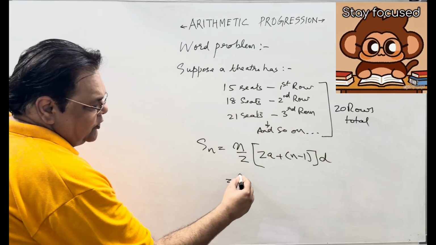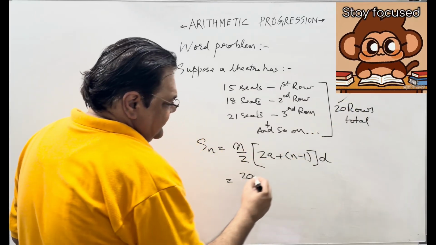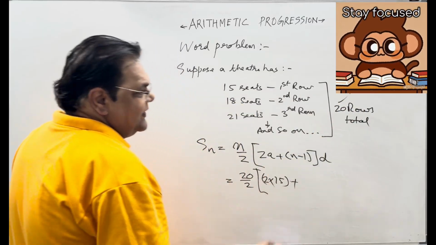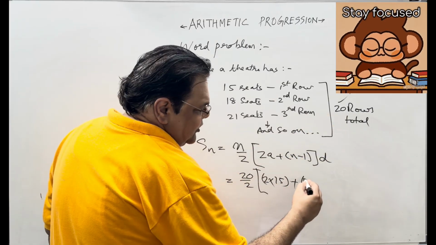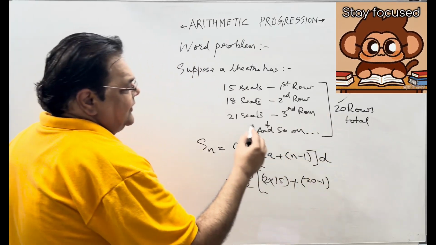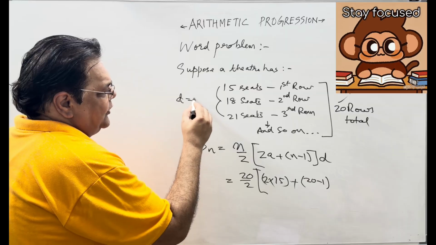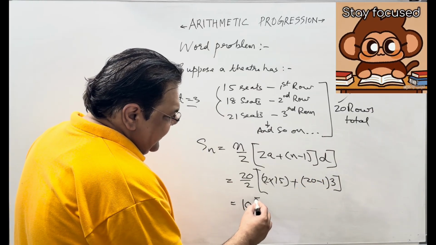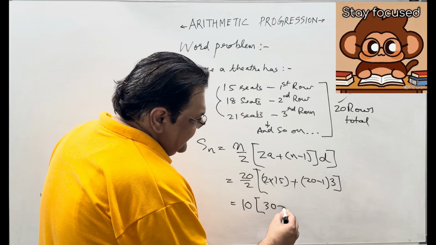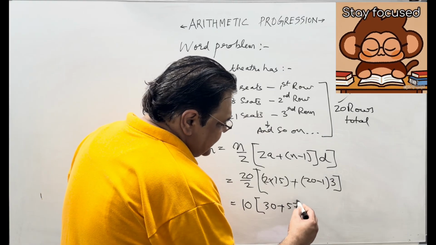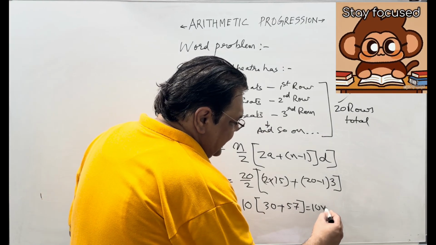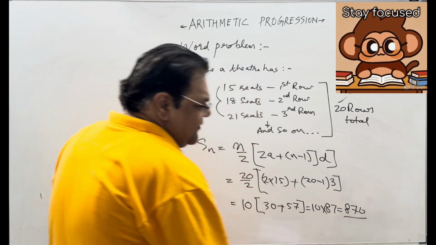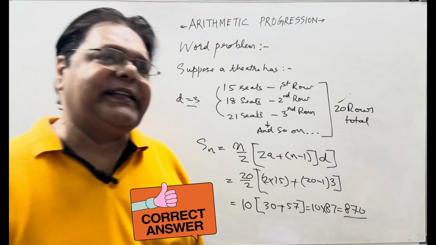What is n? 20, that's given. 2a, the first term is 15, plus the number of rows 20 minus 1. The common difference d is equal to 3. So when you solve this, what do you get? 10, this is 30 plus this is 57. So 10 into 87. The answer is 870, and that is the correct answer.